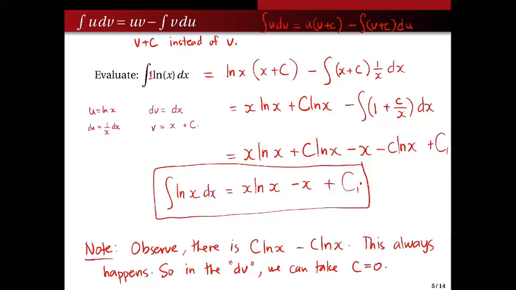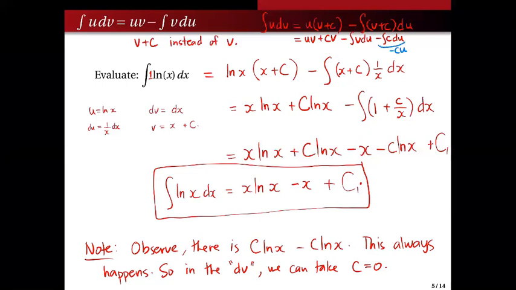Correct? So if you distribute this, you have uv plus cu, and then in here you will have the integral of v du minus also the integral of c du.